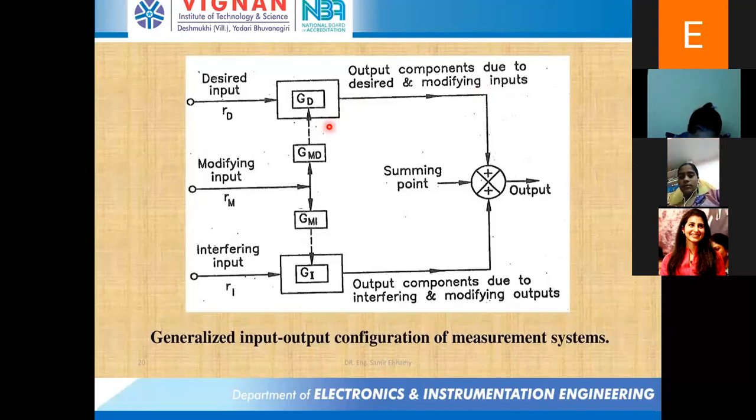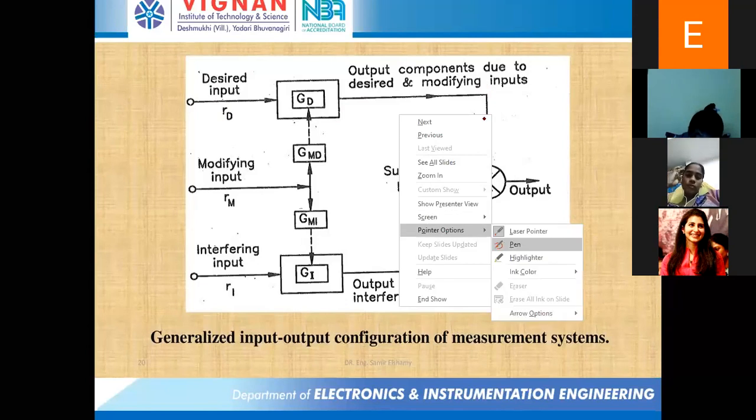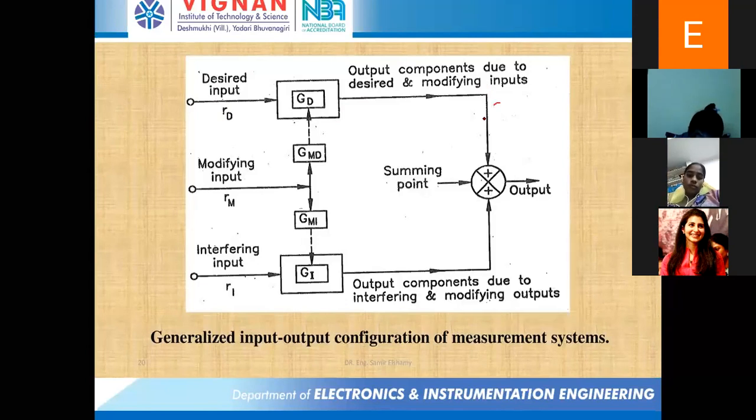This RD produces an output component which I can call CD. Generally, we represent the output quantity with a letter C. Observe, CD is equal to RD times GD.